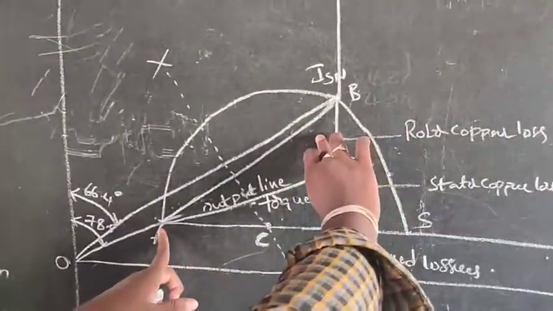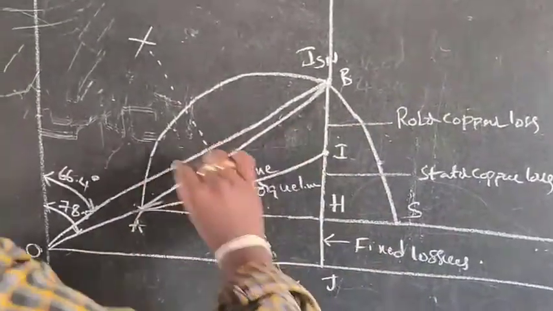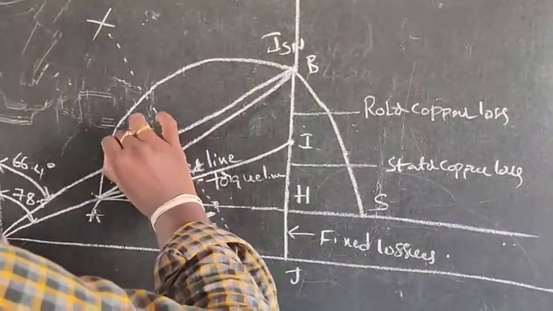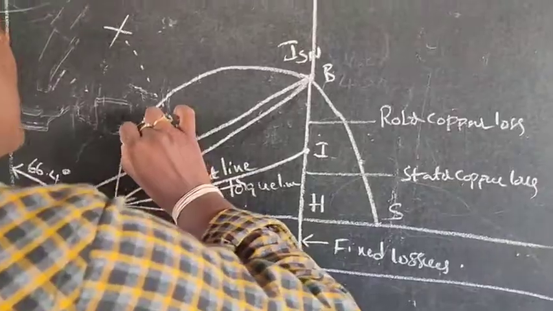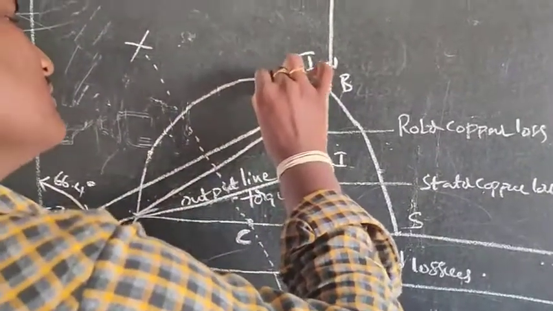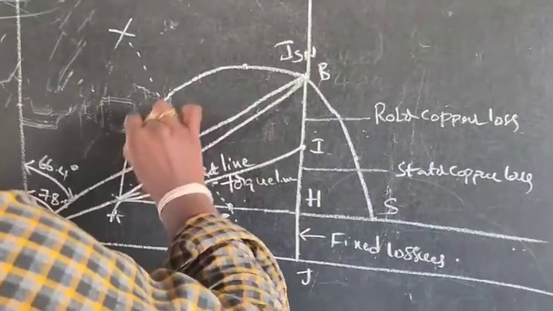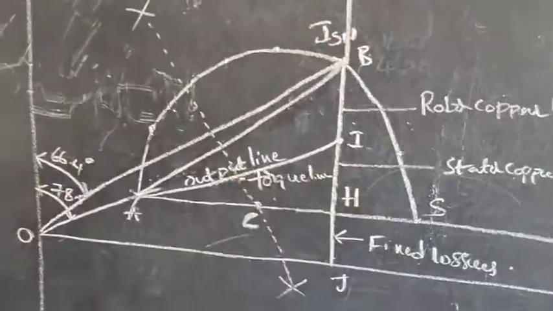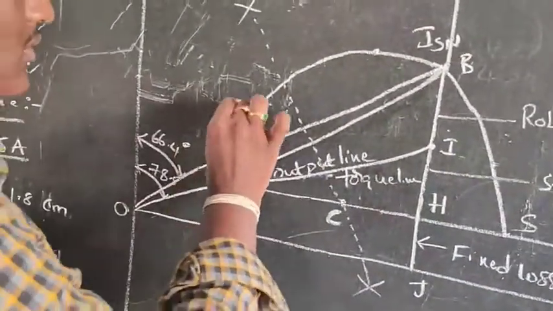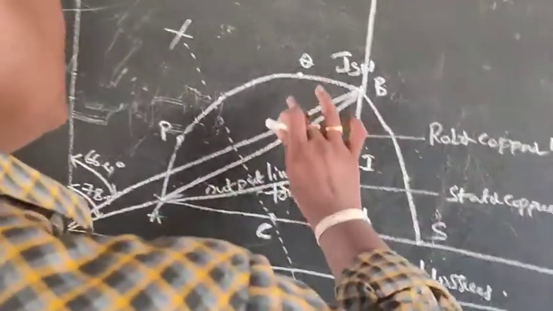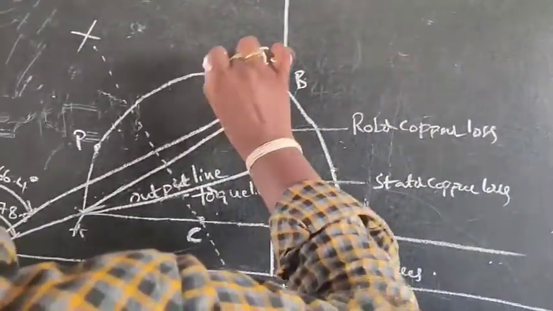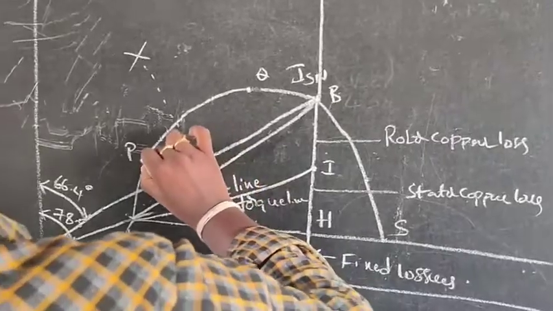So using the set squares, draw a line that touches the semicircle at 2 points, that is P, Q.